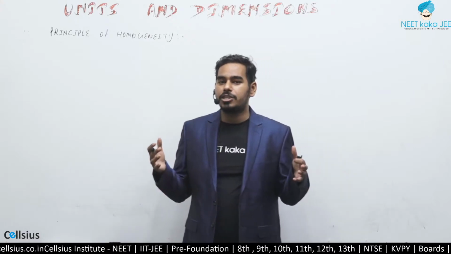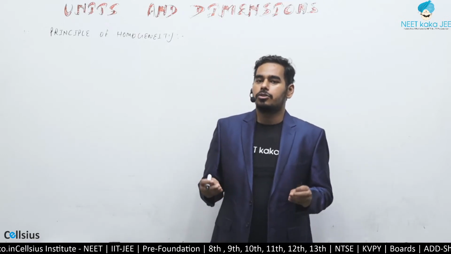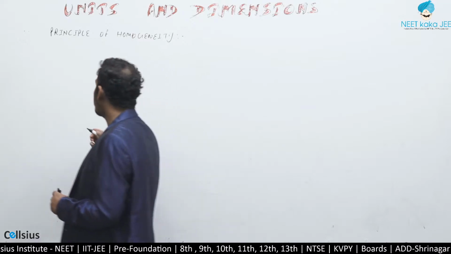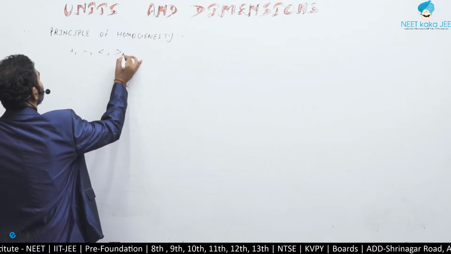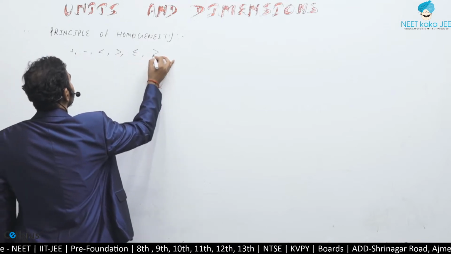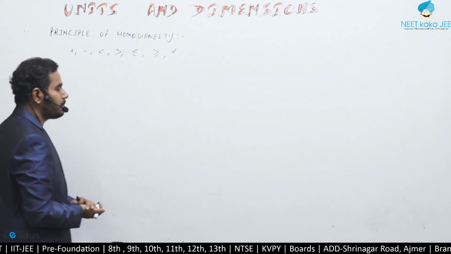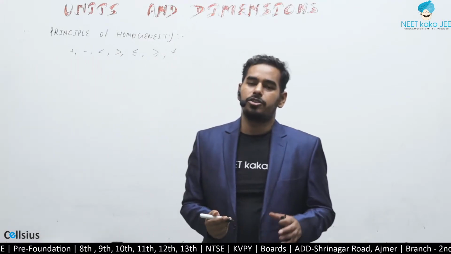Then there are heterogeneous objects which show different characteristics, okay? So principle of homogeneity states that if two quantities are separated by plus, minus, less than, greater than, less than equal to, greater than equal to, not equal to, all will be having same dimensions. So this thing you already know about the principle of homogeneity.